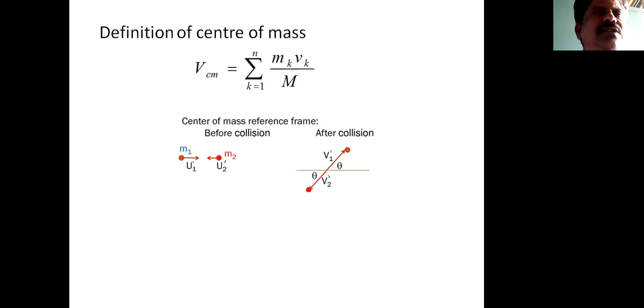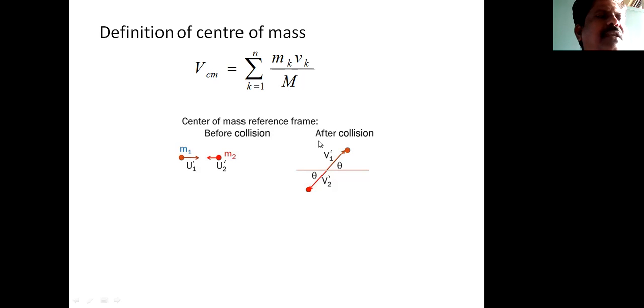The point at which the entire mass of an isolated system is concentrated is called the center of mass of that isolated system. Then VCM is equal to the summation of k equals 1 to n of mk vk divided by capital M. This I have already given in my first session itself.